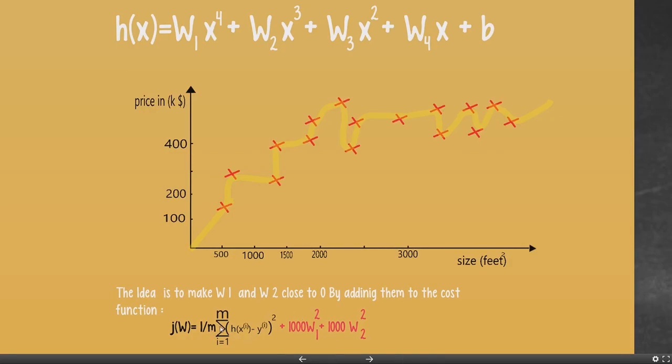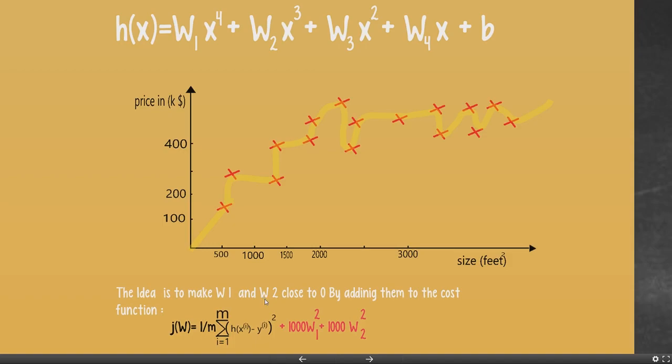So if W1 and W2 are high, we are not going to have a really minimized cost function. So while we are executing the gradient descent algorithm, the cost function is going to be as low as possible, so it's gonna take with it W1 and W2 squared here. So that's why we add them to the cost function.